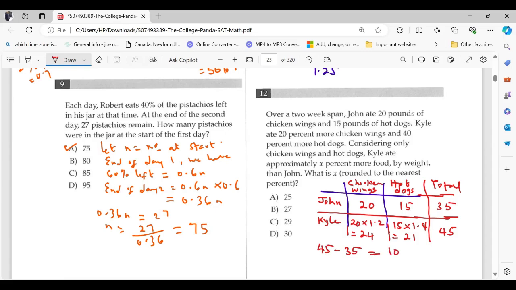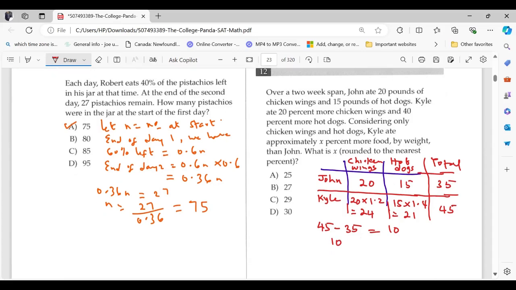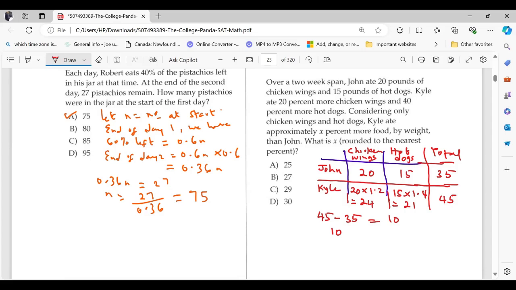What is X rounded to the nearest percent? It increases from 35 to 45, so it increases from 35, which is the old value, times 100%.